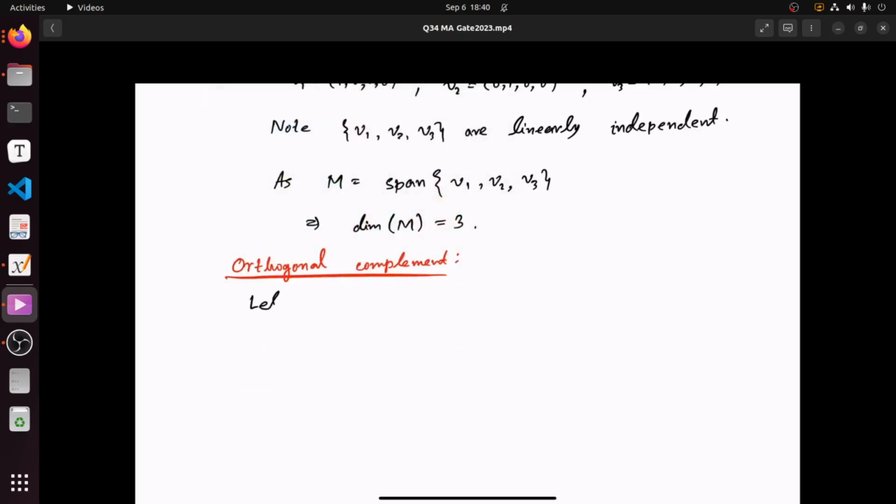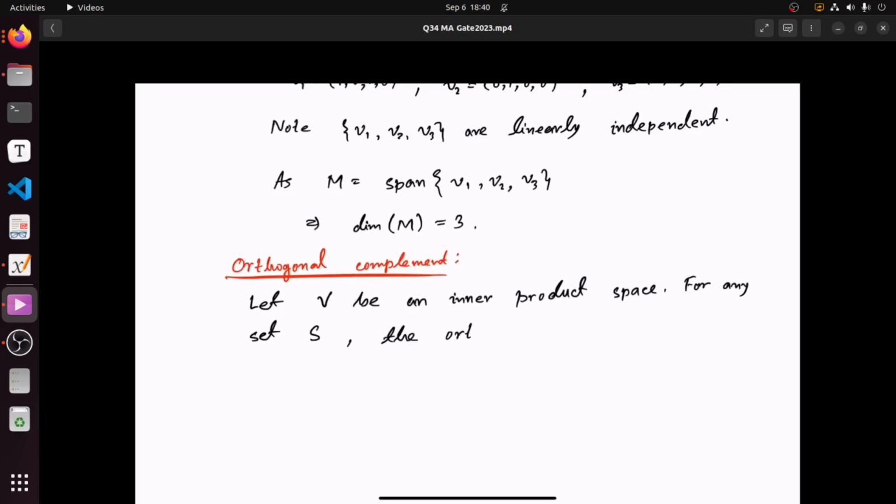So let V be an inner product space, and for any set S we can define the orthogonal complement.